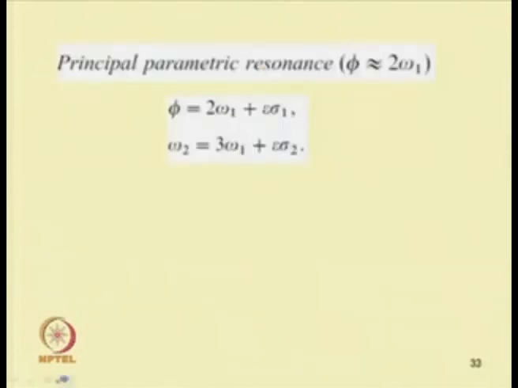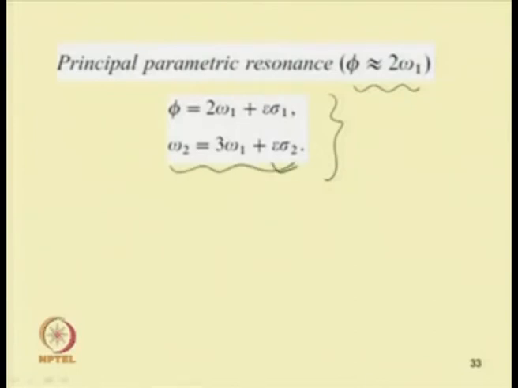While solving this equation by applying the method of multiple scales, one can study the system for either 2 mode or 3 mode interaction. When the system is studied for 2 mode interaction, we take the external frequency nearly equal to twice the first mode frequency, and also the second mode frequency nearly equal to thrice the first mode frequency.